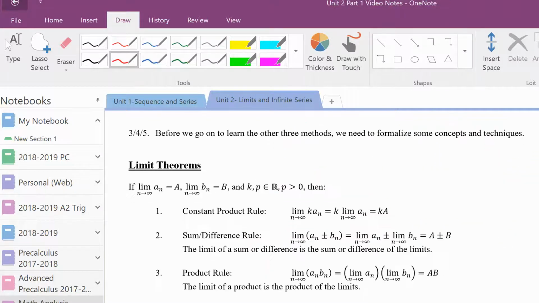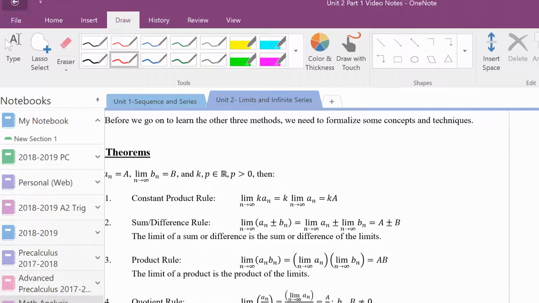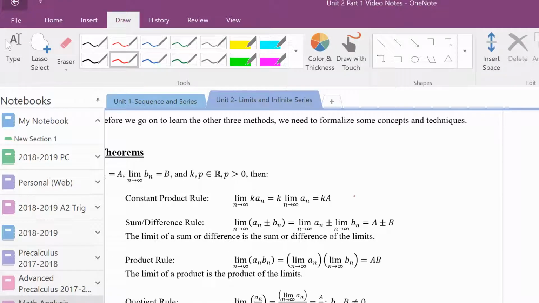All right, before we go on to ways to find limits numbers 3, 4, and 5, there are some rules that we need to talk about. The constant product rule means the limit as n approaches infinity of 5n would equal 5 times the limit as n approaches infinity of n.